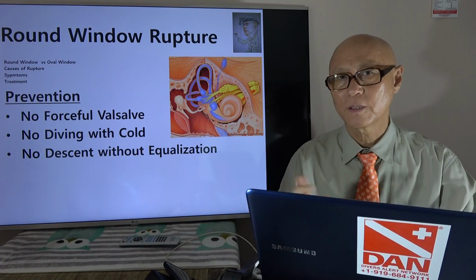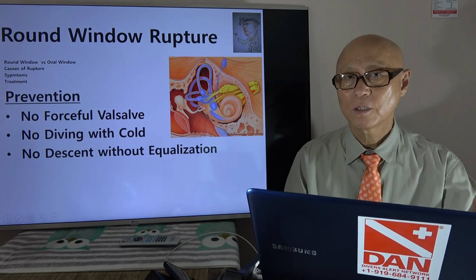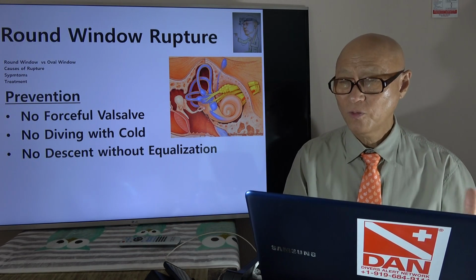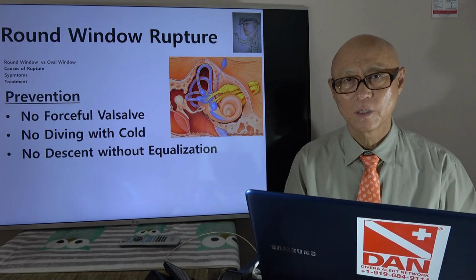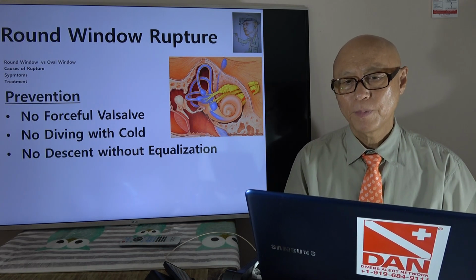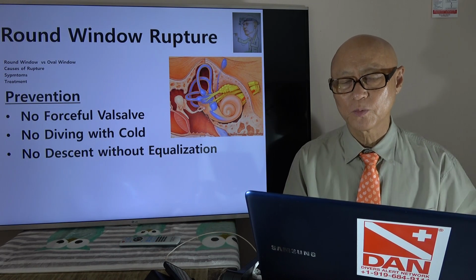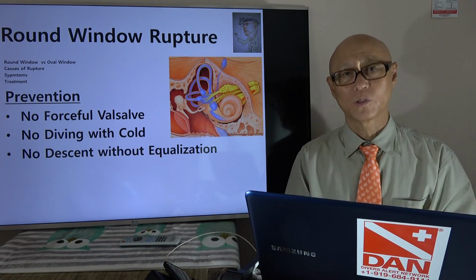How do we prevent this round window rupture? Do not do any forceful Valsalva. How forceful is forceful? It all depends on the person. But most people suffering from this do too forceful a Valsalva.